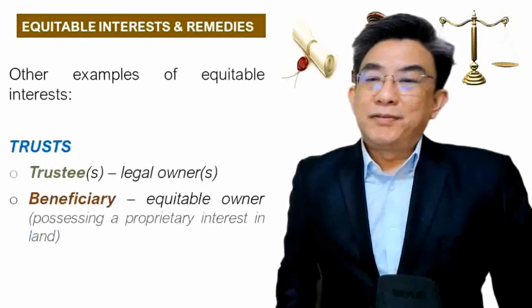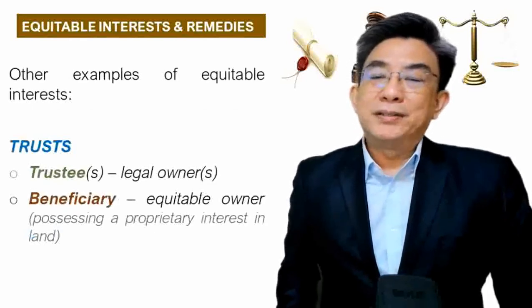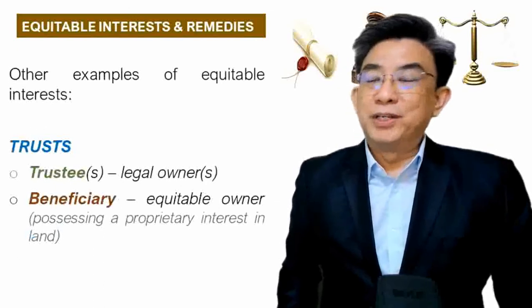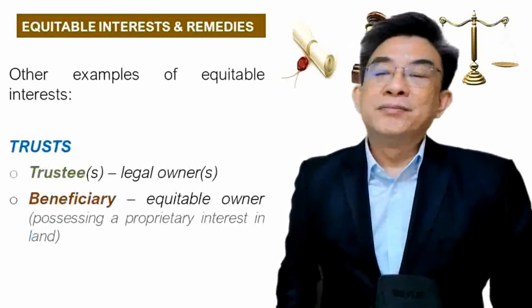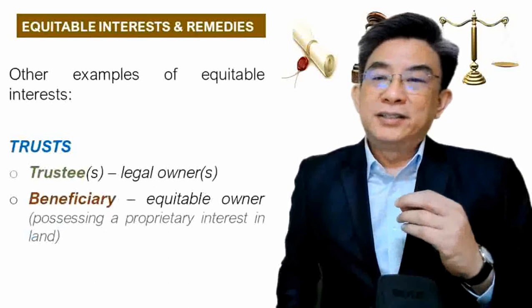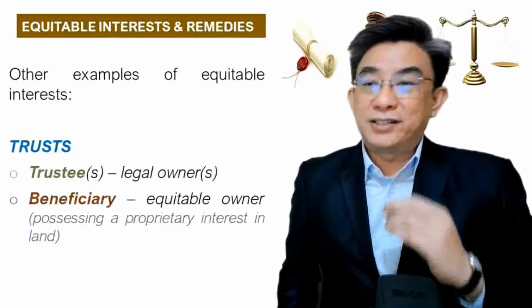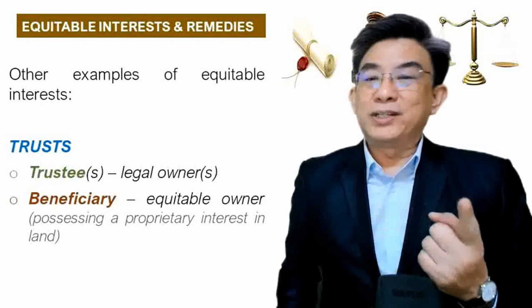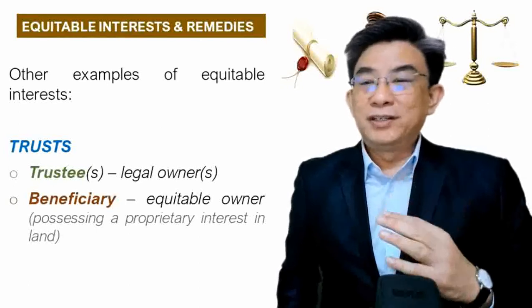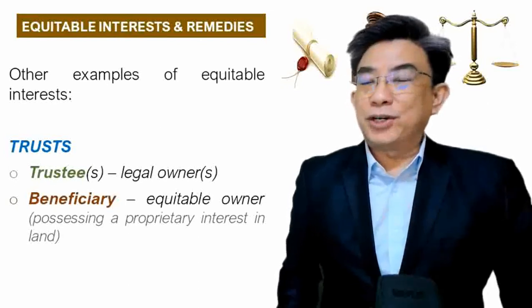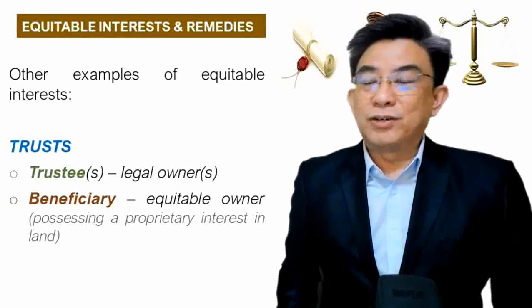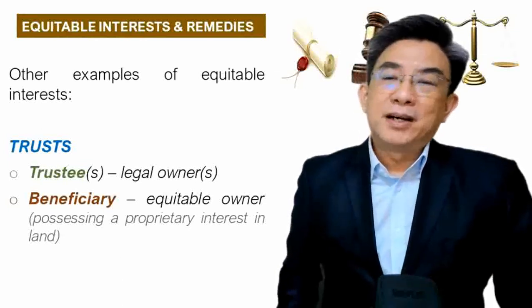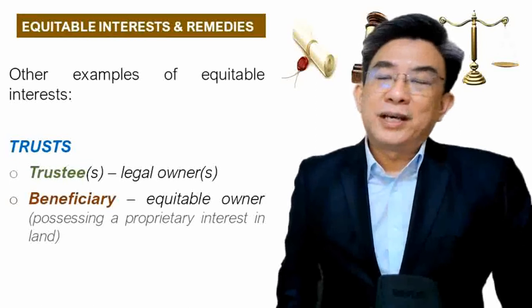Now, one very big example of equitable interest is the beneficiary in a trust. In a trust, the trustee or trustees are the legal owner or owners. There may be one trustee, there may be three. Some charitable, public or religious trusts will have five.